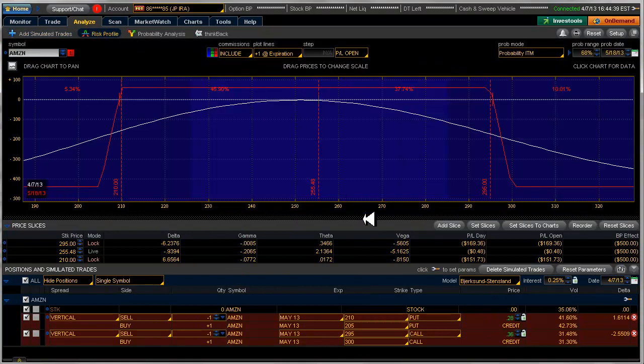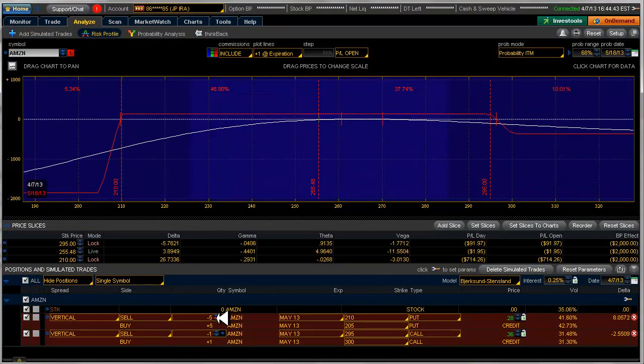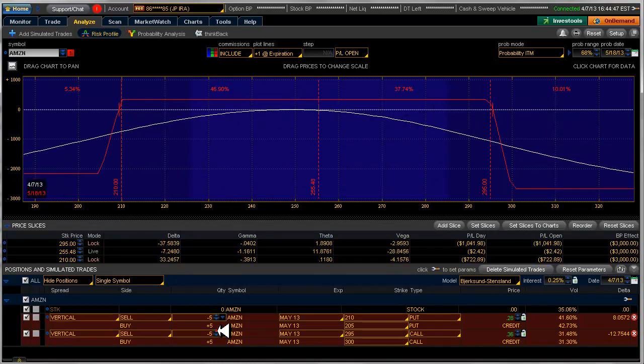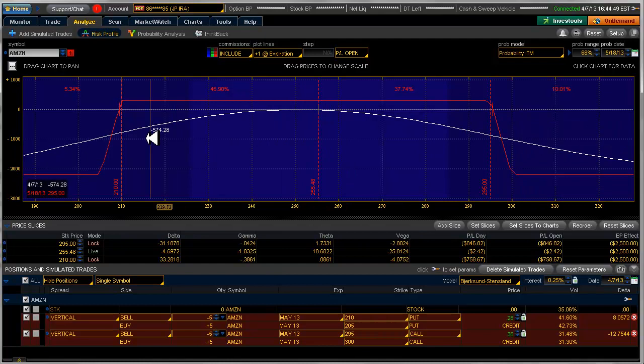Go back to the risk profile and bump these up to 5 lots. Oops, and there we have it. A very good possibility, about a 92% probability that we will collect the full $295 on Amazon.